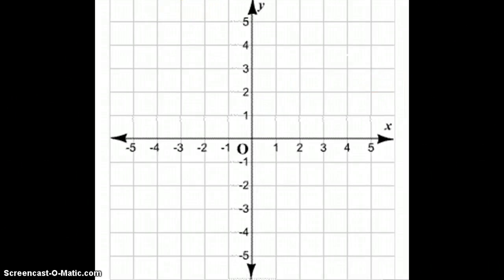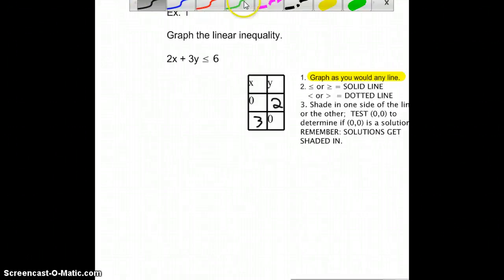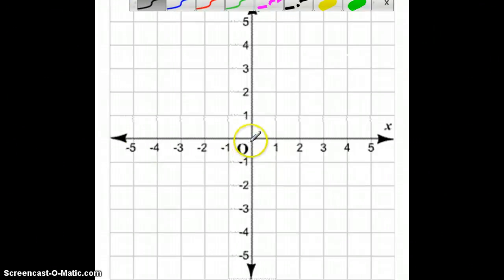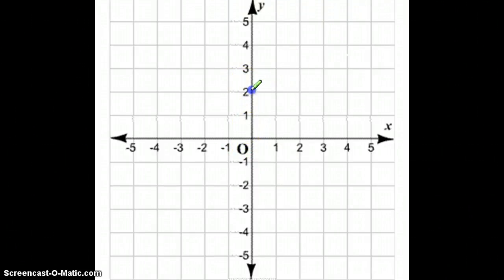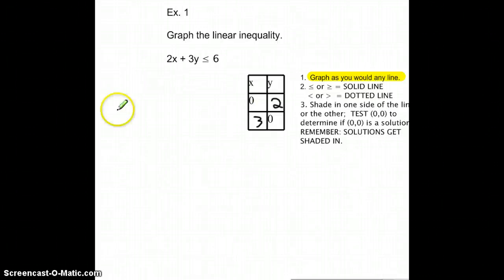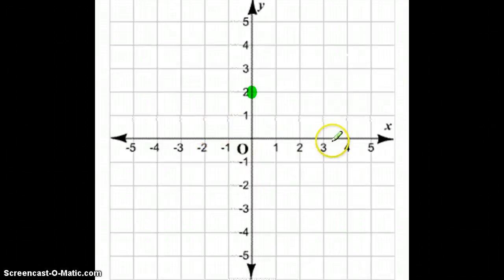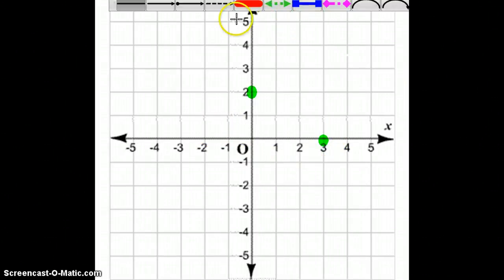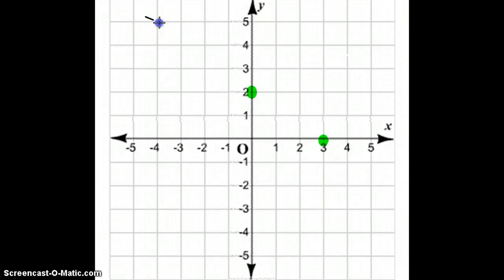So let's jump over to our coordinate plane. The first point we got is 0, 2. And the other point we've got is 3, 0. And now we draw a solid line, because it's got the equal to sign underneath it.